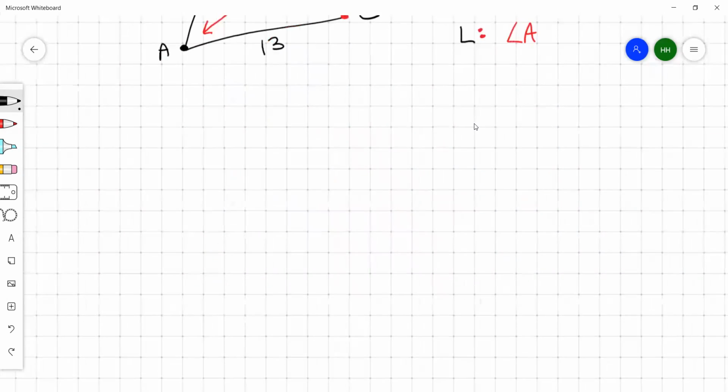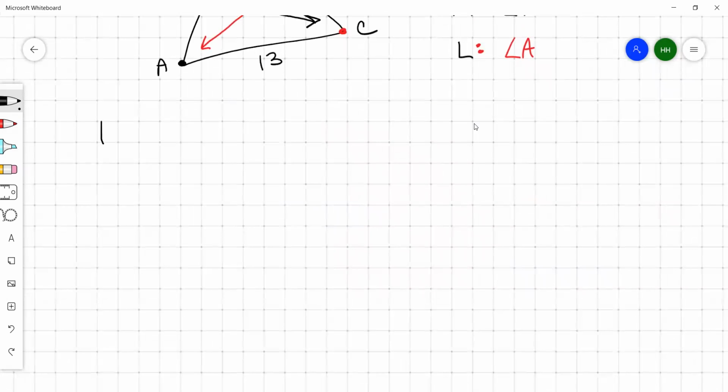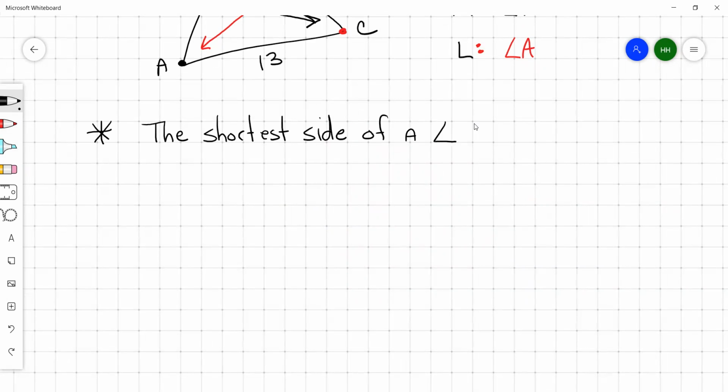Last rule. The shortest side of a triangle is opposite the smallest angle.